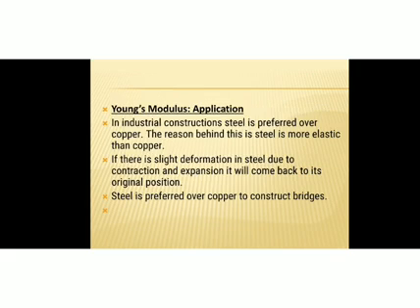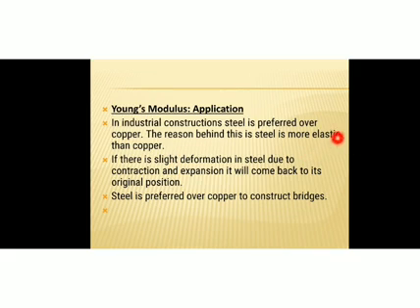Now what are the applications of Young's modulus? In industrial construction, steel is preferred over copper. Why? Because steel is more elastic than copper. Elastic here means that in order to produce a small change in the length of the steel, greater force is to be applied.